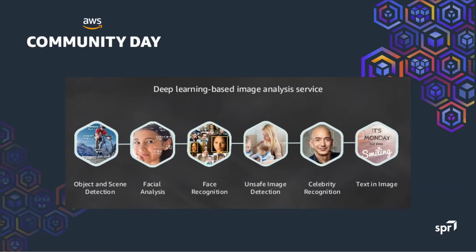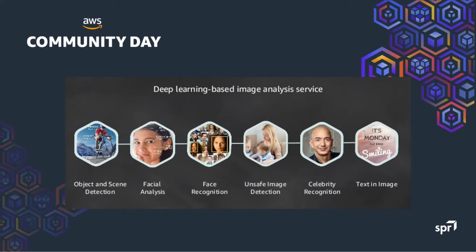After that, there is the unsafe image detection. So this one, back to the photo store solution. If we are allowing people to upload some images, we need to make sure that these images are safe.